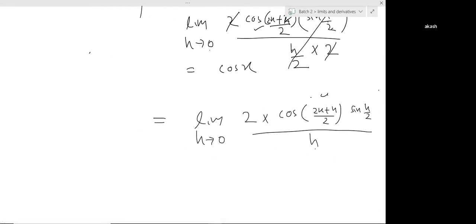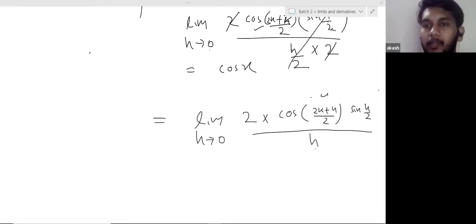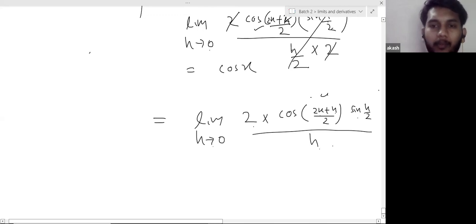Now, whenever we are trying to solve a limit, first put the value of h as 0. So this is 2, no issue. Cos of (2x plus 0) by 2 is cos x, no issue. Sine 0 is 0 and here h is 0. So the answer is 0 by 0. We don't want that.